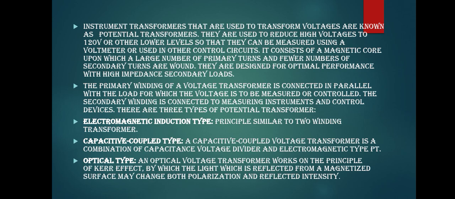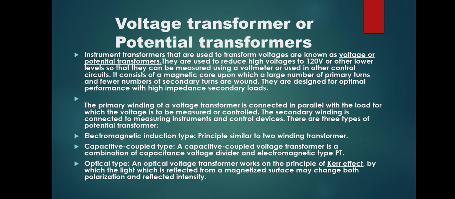Optical type. An optical voltage transformer works on the principle of the Kerr effect, by which the light which is reflected from a magnetized source may change both polarization and reflected intensity.